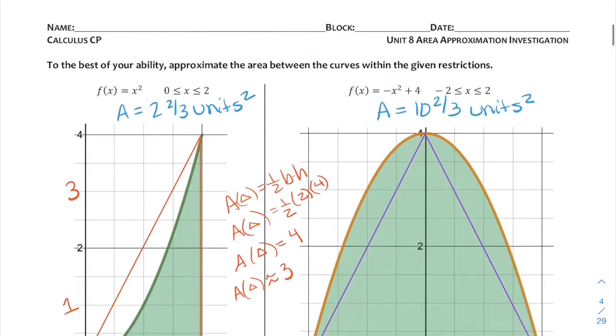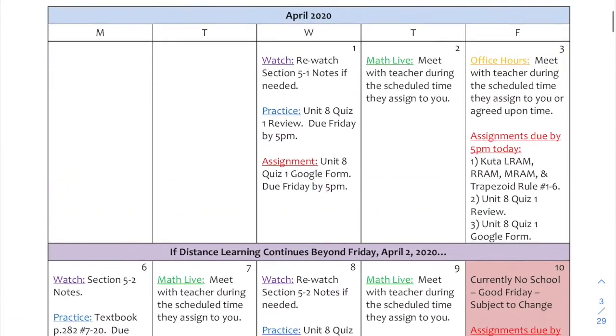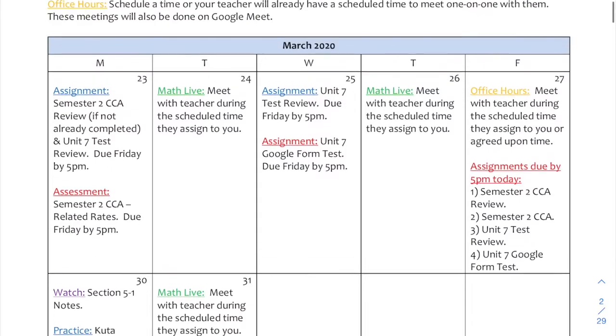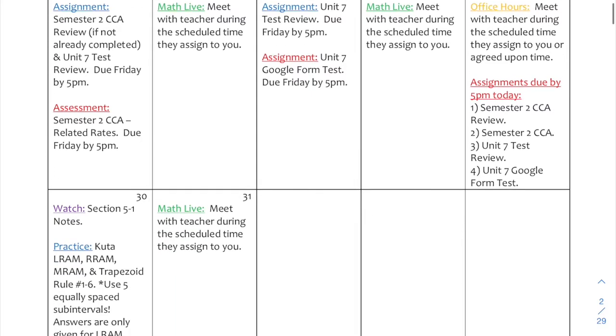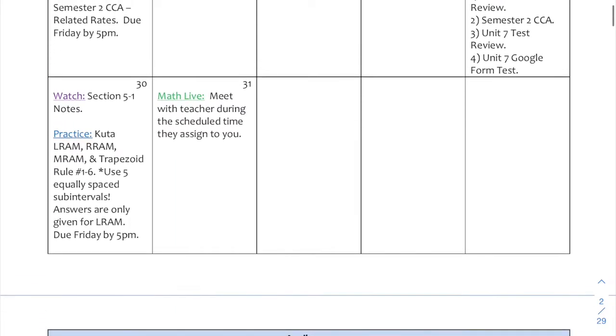Okay? All right, so just to recap, you already did your assignments and your tests and everything in the CCA. So Unit 7 is done. We now are starting Unit 8. So Monday, which is today, your goal is to watch the notes for this section and then complete this particular worksheet, okay?